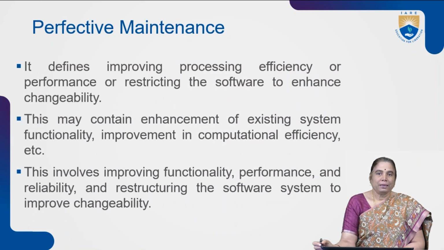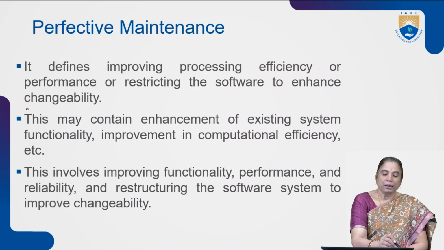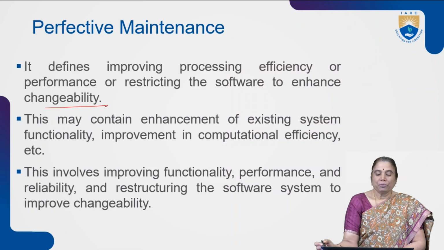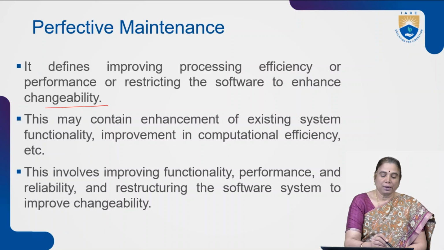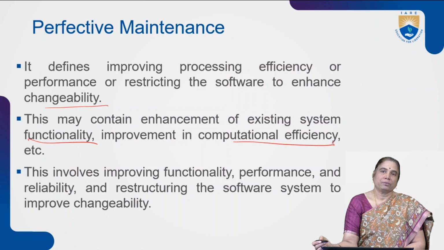The last variety of software maintenance is perfective maintenance. So it defines improving processing efficiency or performance, or restructuring the software to enhance changeability. So this may contain an enhancement of existing system functionality and improvement in computational efficiency.